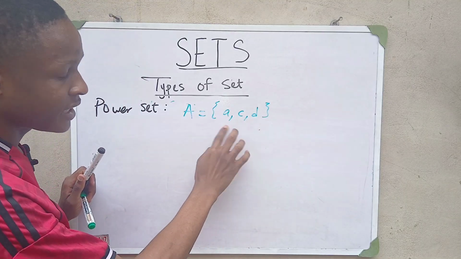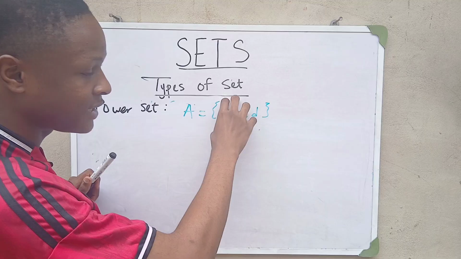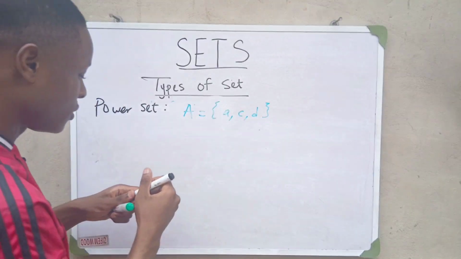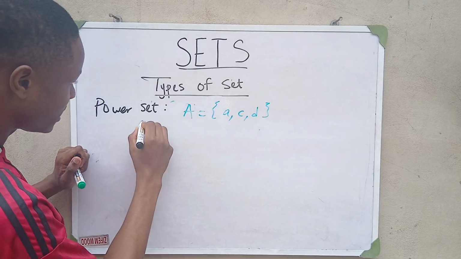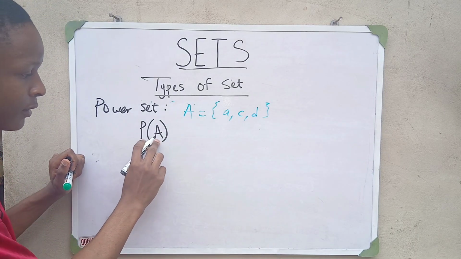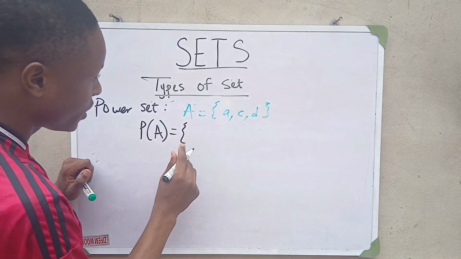In this case, it's as if we are looking at A as the universal set, a set we can get other sets from. The power set can be written as P of A, with the name of the set that we want to find the power set of.